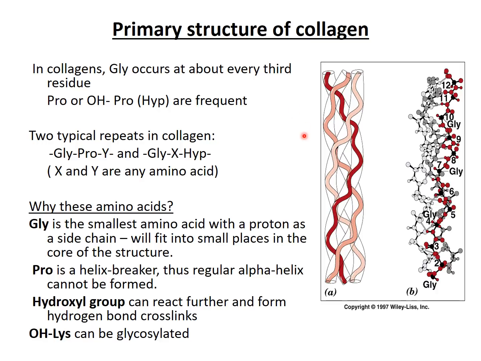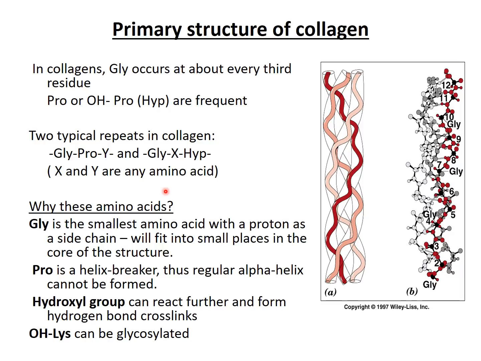This is the primary structure of collagen. What is typical of collagen is that at every third residue a glycine should be placed. And then proline and hydroxyproline are frequent. Hydroxylysine also is important to be built into the collagen.